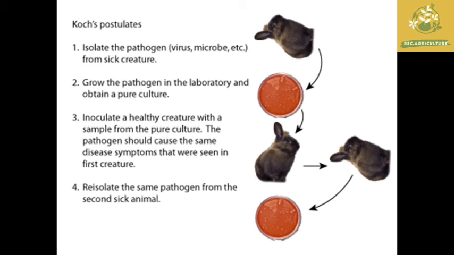The particular microorganism is isolated and inoculated in artificial media, and then it is inoculated into a healthy creature as a pure culture. If the pathogen causes the same disease, and the same pathogen causes the same sickness in the same animal, it means that the identified microorganism is correct. This is what is mentioned in the Koch postulate.